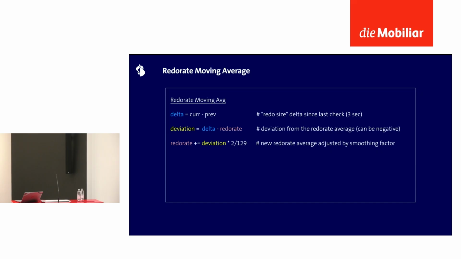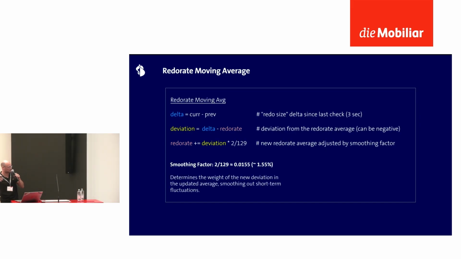And you'll see that in many places in log writer internals that Oracle is using this kind of formula. And what that basically does is it smooths out short-term fluctuations, and on every update, we increase or decrease the average by something like 1.55%. Because we do not want to overreact to short-term load fluctuations on the system.